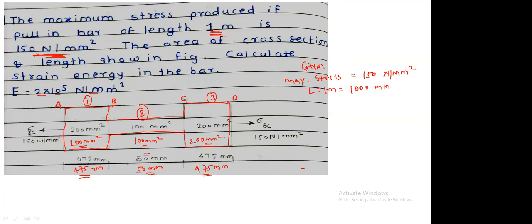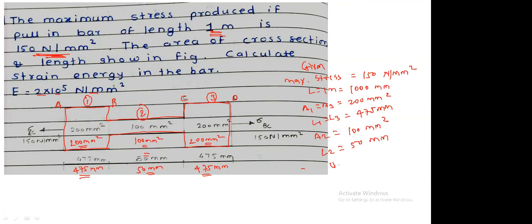Then area of section number 1, A1 is equal to A3 is equal to 200 mm square. Then L1 is equal to L3 is equal to 475 mm. Then for section 2, A2 is equal to 100 mm square, and L2 is equal to 50 mm.